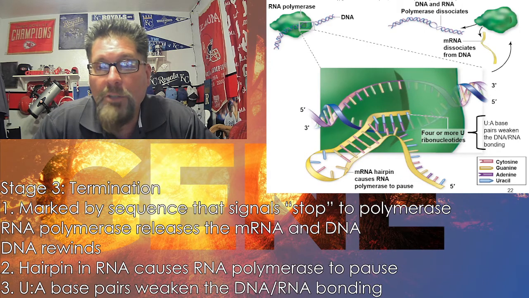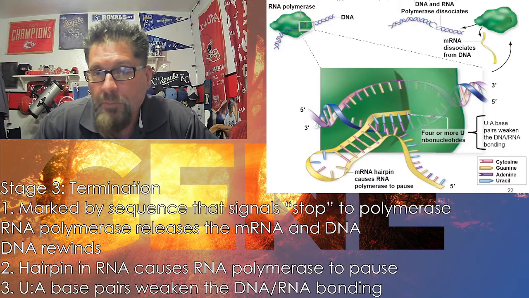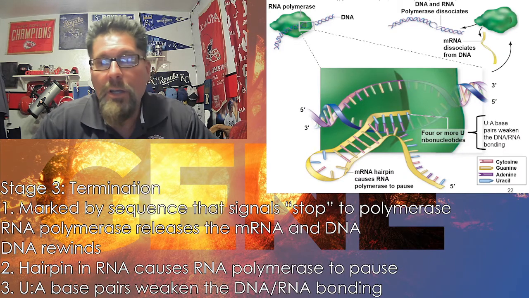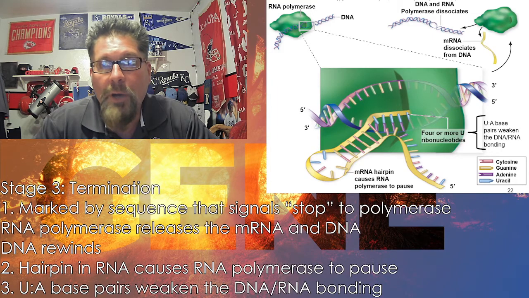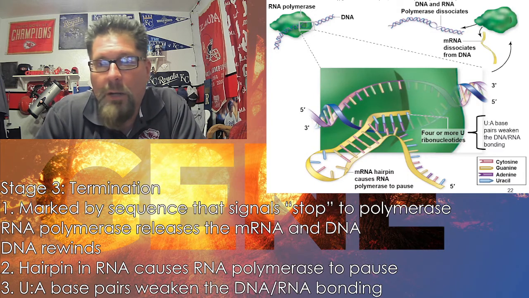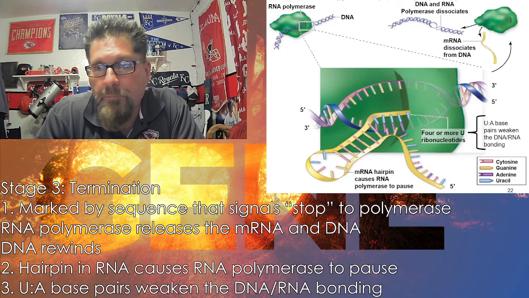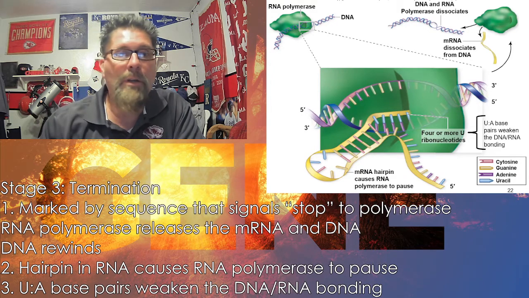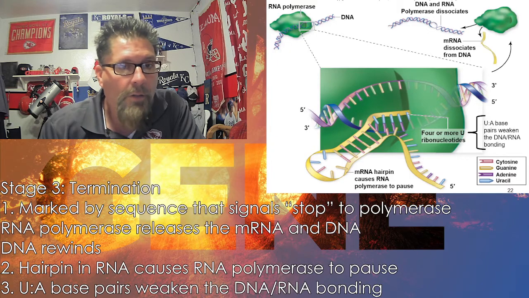In eukaryotic cells, this doesn't happen, and what allows that is that the UA base pairs towards the end are weaker, so you can fold that back around, make that little hairpin. But that is a major difference.